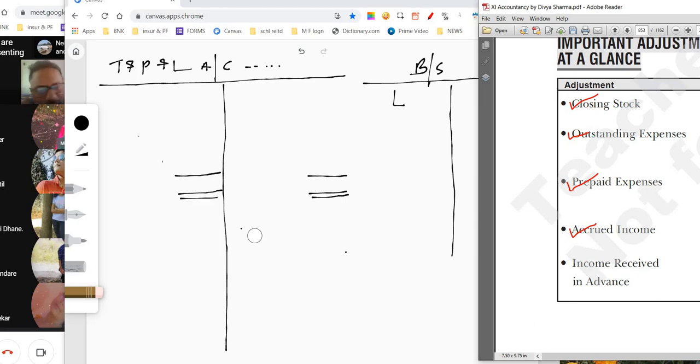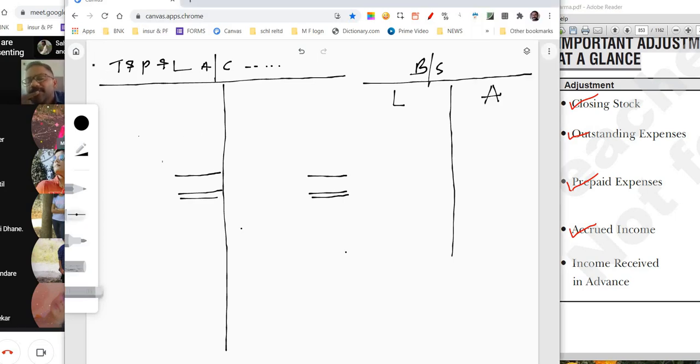Which side? I did not get the side clearly. Which side? Credit side. Side भी बोलो. Okay, in the credit side, accrued income. Yes, it will be added.